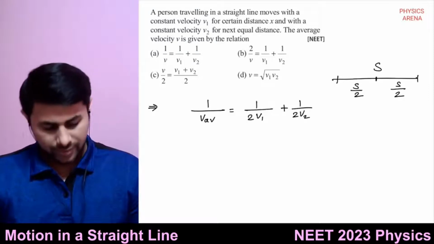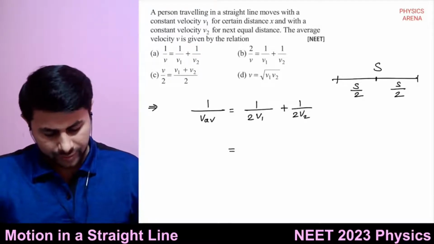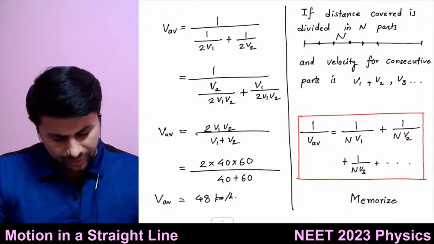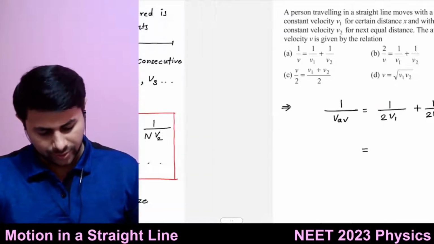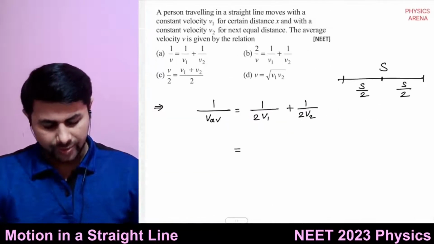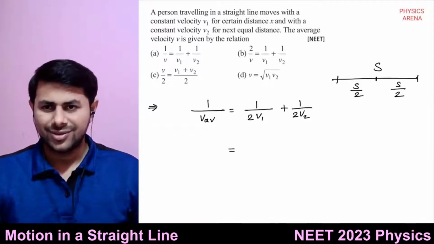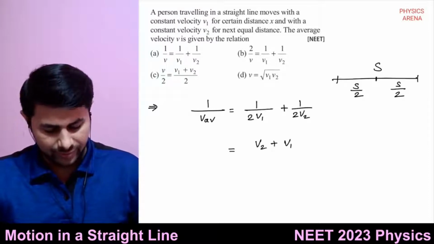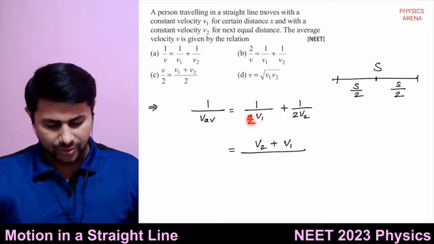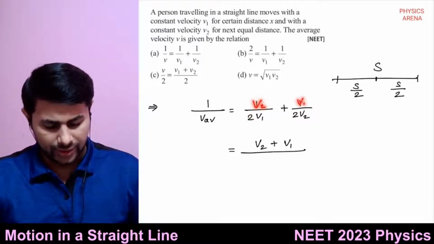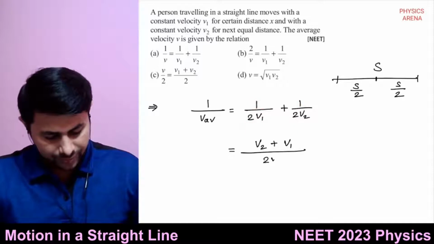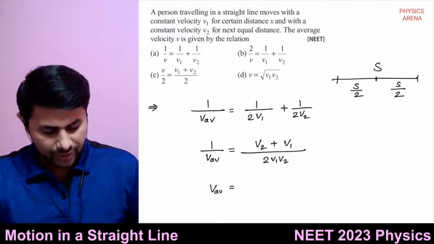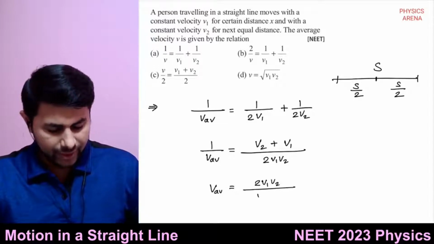So this is equal to, 1 by 2, you can take common. It is exactly similar to the last problem. So it is v2 plus v1, if you take 2 common, divided by 2v1 v2, and therefore average velocity is 2 times v1 v2 divided by v1 plus v2.